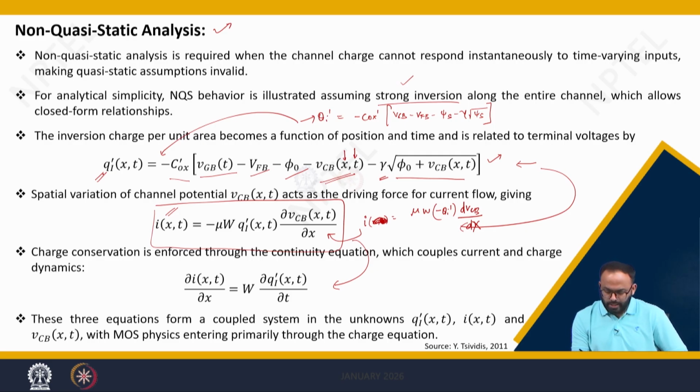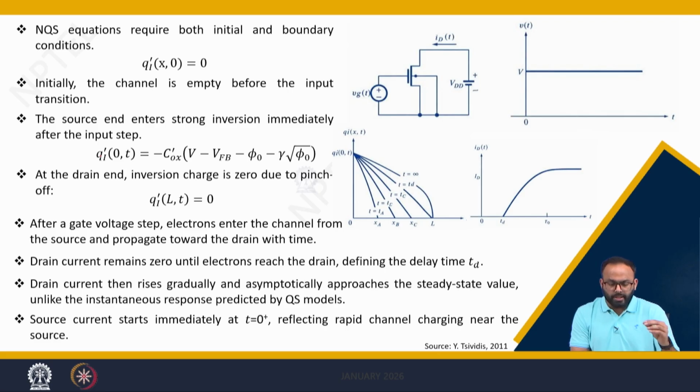But to solve this set of equations, we need boundary conditions. Let us consider the same case where we take the MOSFET and apply a very high VDD such that saturation operation takes place.